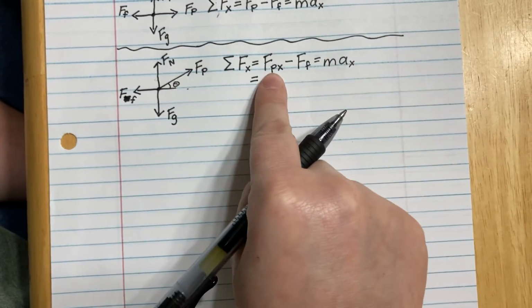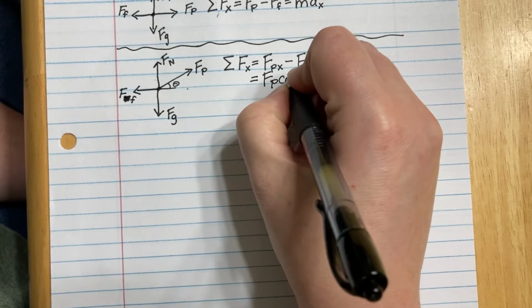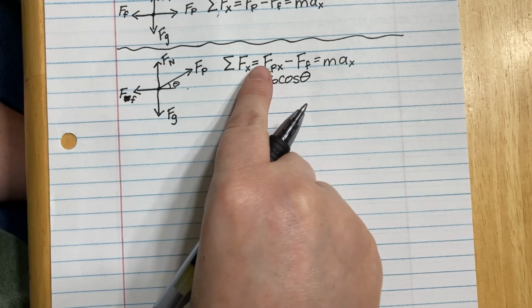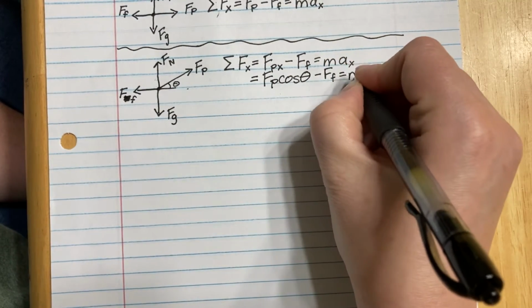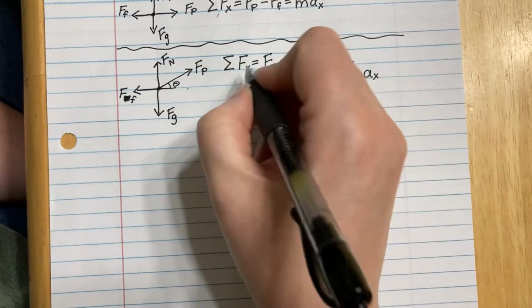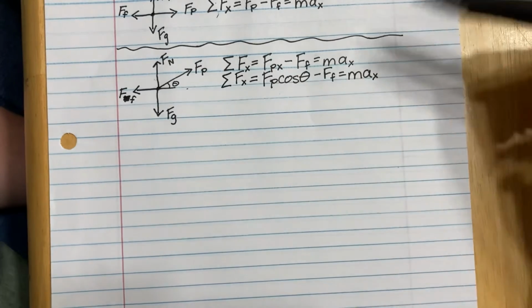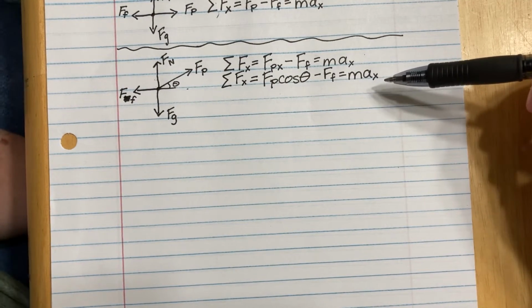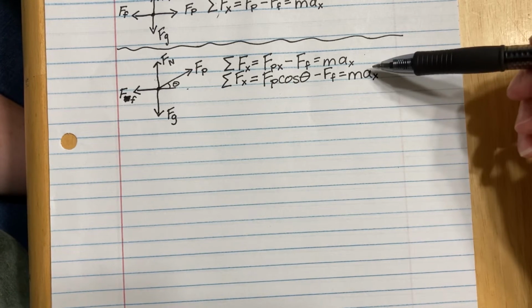Instead of writing FPX, you can just write FP cosine theta, because that is the x part of that triangle, minus FF equals MAX. So it doesn't really matter whether you start with this or this, as long as you make sure you do your sine and cosine right. So these would both be acceptable answers to this question.